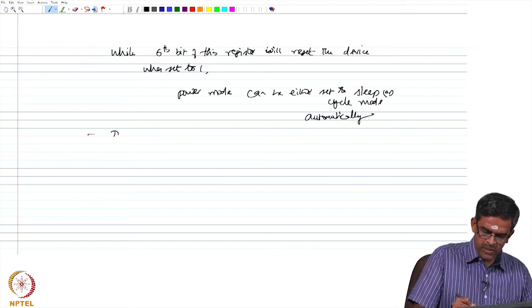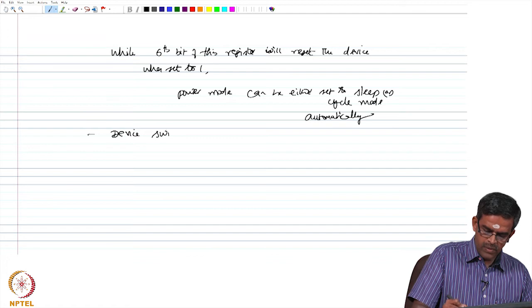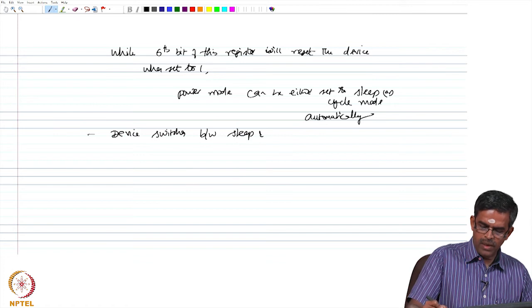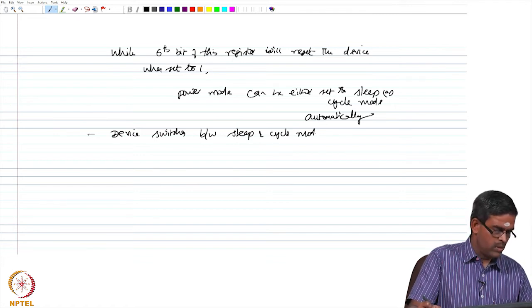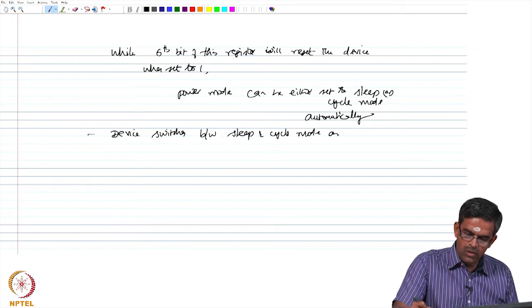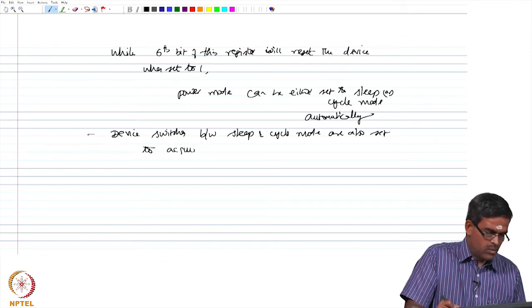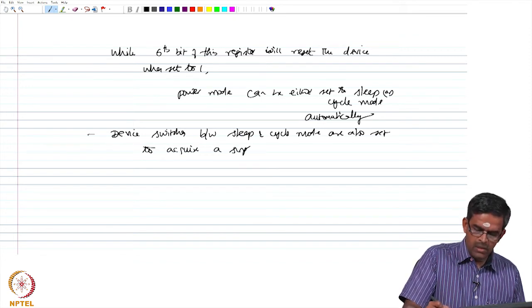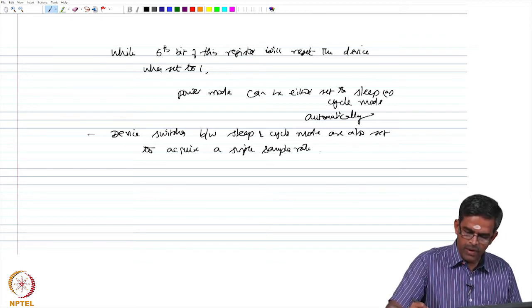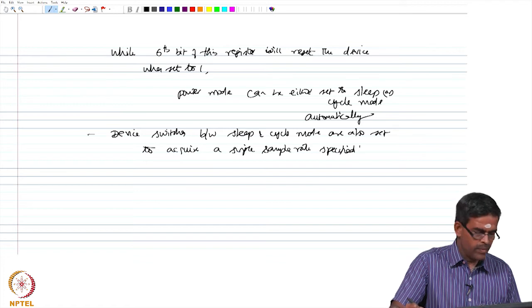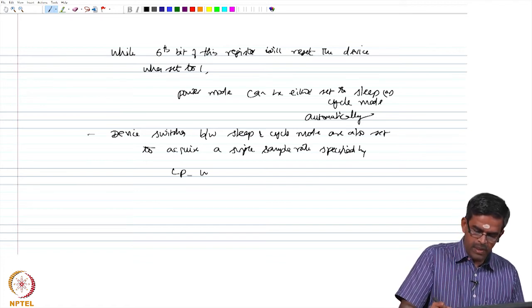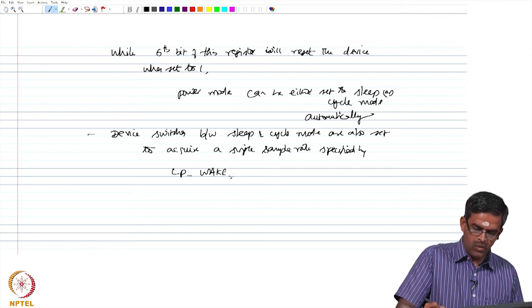The device switches between the sleep and cycle mode are also set to acquire a single sample rate specified by LP wake control register.